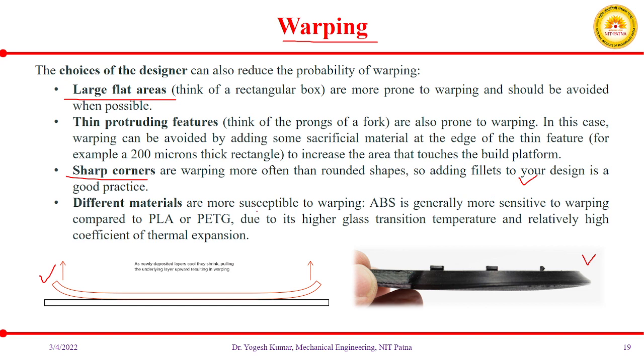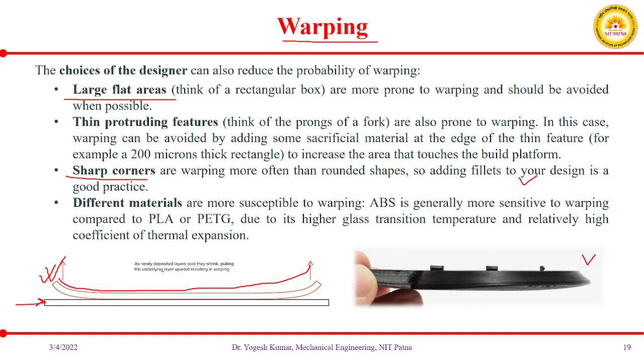Different materials are more susceptible to warping. ABS is generally more sensitive to warping compared to PLA or PETG due to its higher glass transition temperature and relatively high coefficient of thermal expansion. Here you can see what warping actually is. Suppose once you have printed, you are trying to print a new layer either on the previously printed layer or on your build platform.